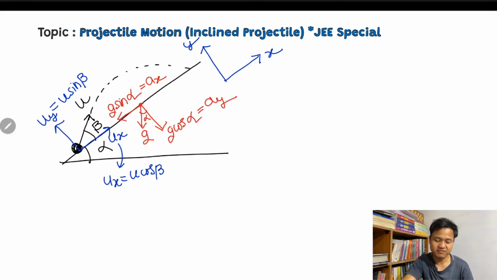Next is time of flight and its derivation. Suppose I'll do only time of flight. Along the y, you go up like this, you come back down, and displacement is 0.